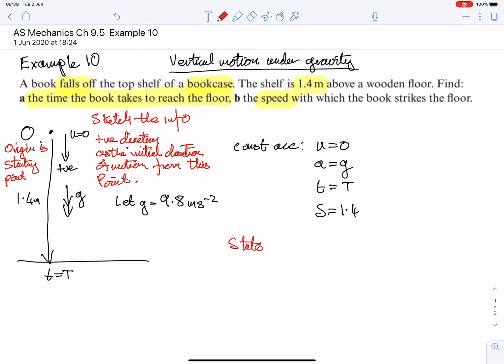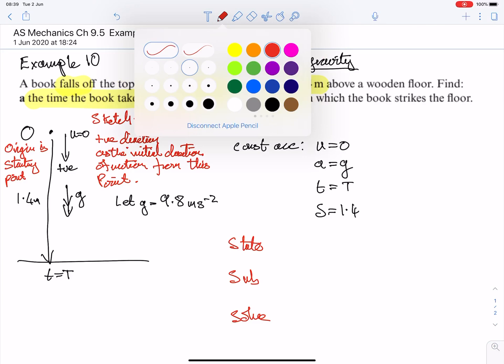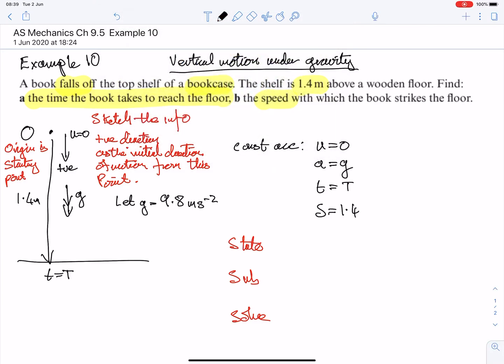State the right equation, we hope, substitute in the values, and then solve it, calculate it, work it out, depending on the question. So s equals ut plus a half at squared.